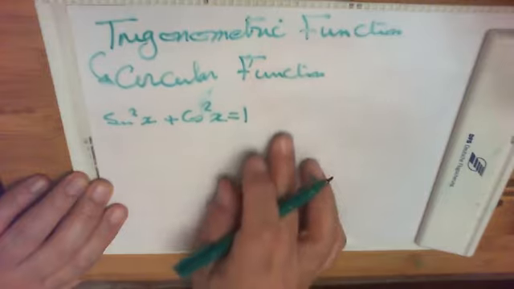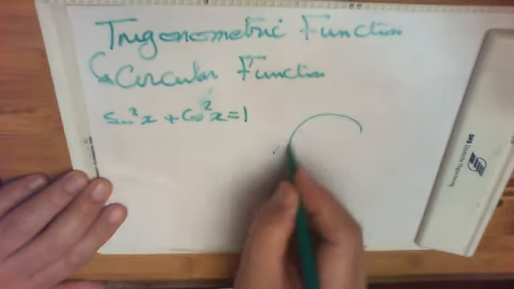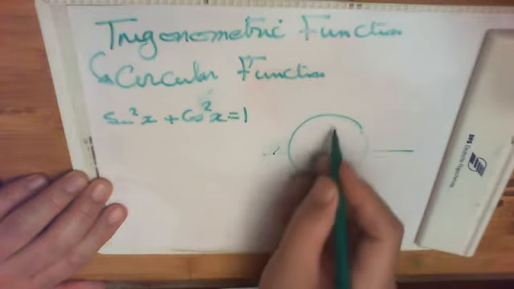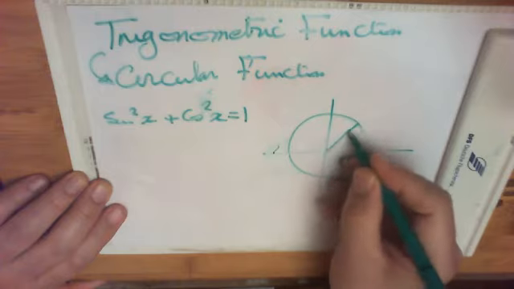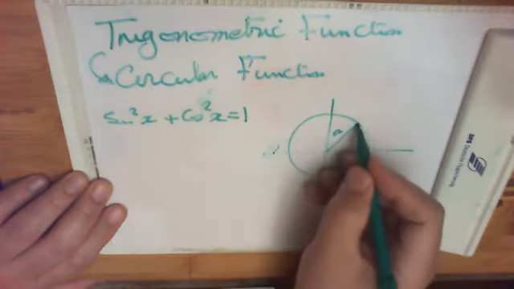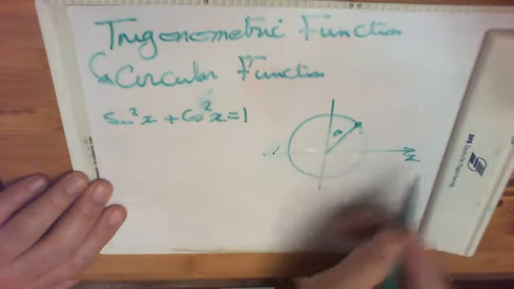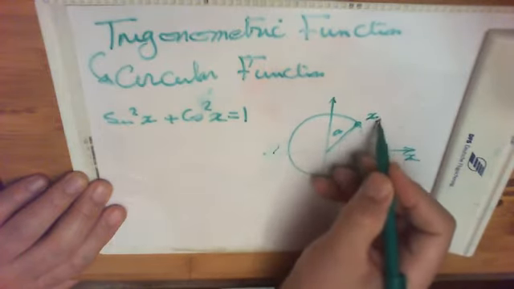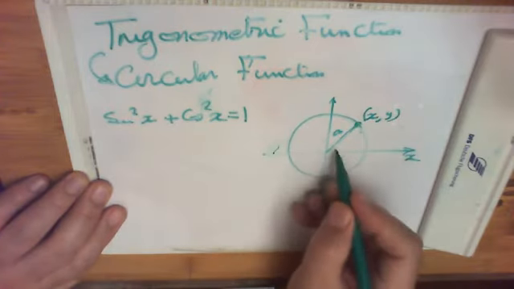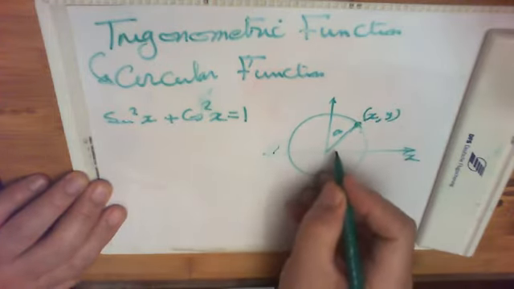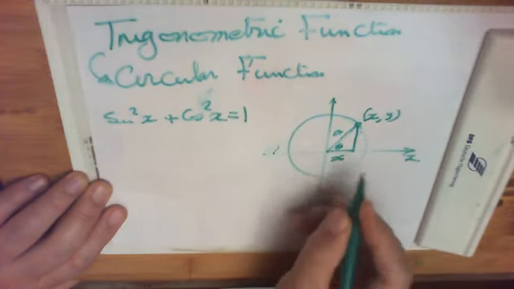Now, if we have a circle like this, of radius a, the coordinates of this point are x and y. This is some angle, say theta. This is x, this is y.